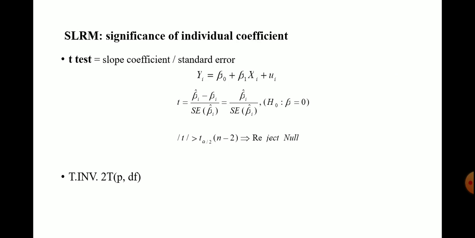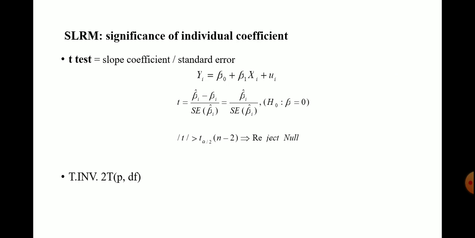If you want to find the t of beta 0, it is your beta cap 0 value divided by the standard error of beta cap 0. If it is beta cap 1, then beta cap 1 divided by the standard error of beta cap 1. This is the t-test or t-value.